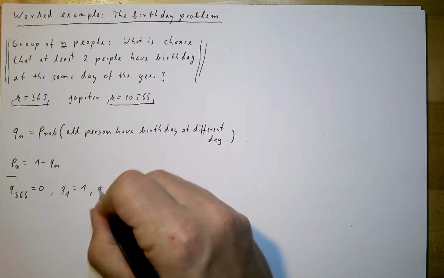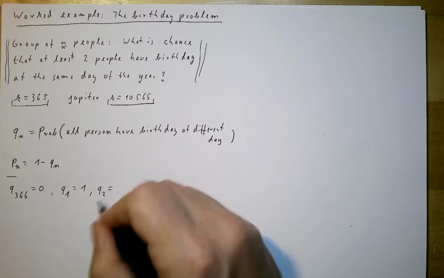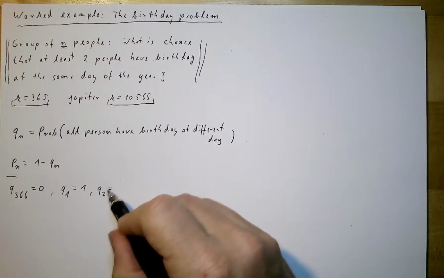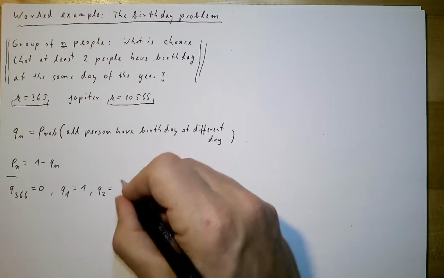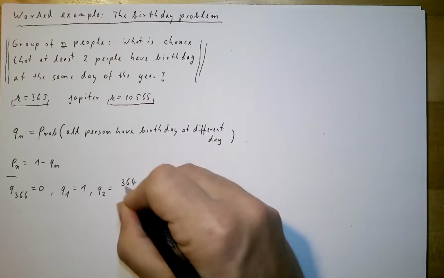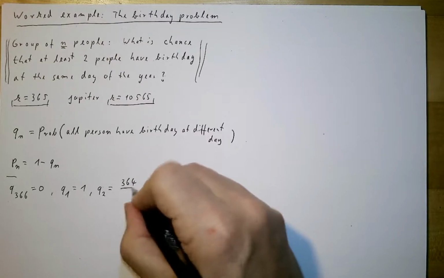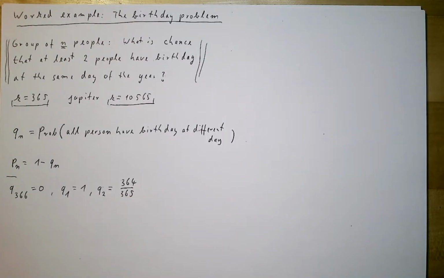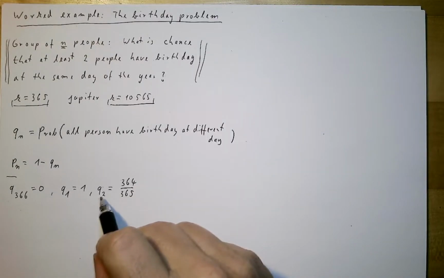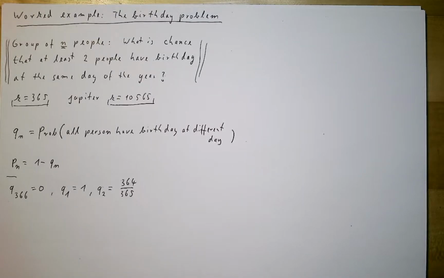Now take 2 persons. What's the probability that both have birthday on a different day? The first has birthday on whatever day, and for the second there are 364 days left, and we divide by the number of days. That's the probability Q2 for 2 people to have birthday on different days.